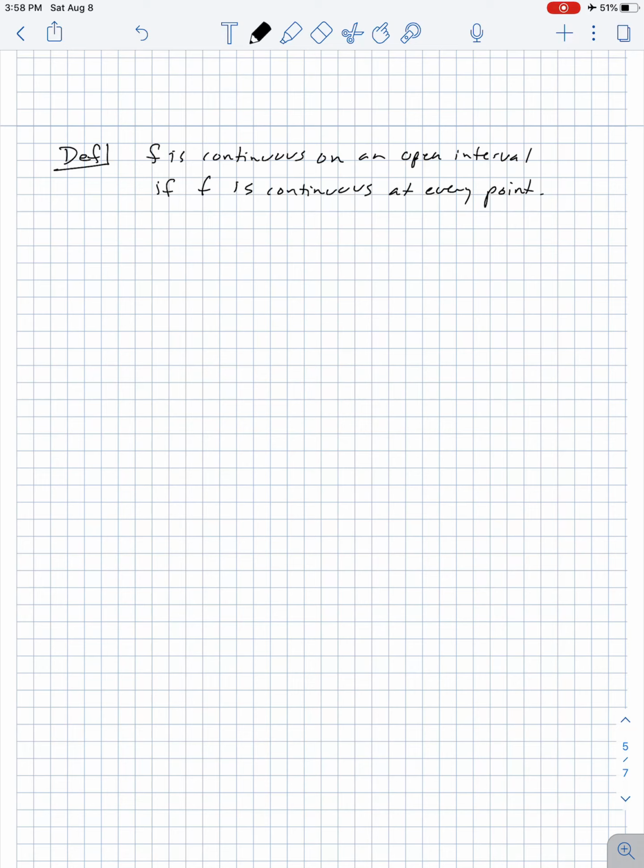But I like how your homework goes about this. They actually ask you to define where they are continuous. So it's going to say something like, state the intervals for which this function is continuous.